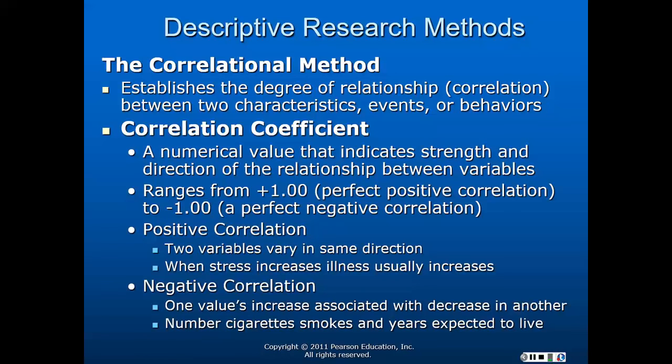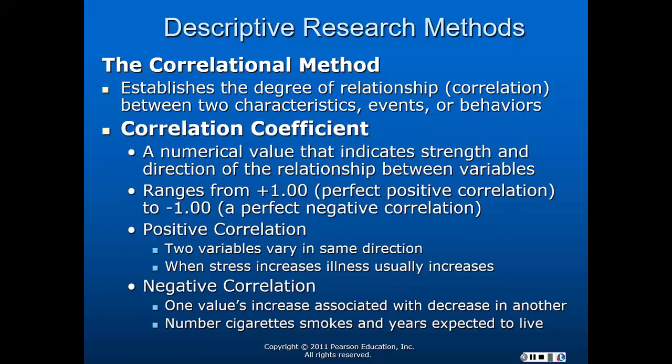It's also important to understand that a lot of the research that we read from a correlational study may present a correlation coefficient. It's a numerical value that indicates strength and direction of the relationship between variables, which I alluded to earlier.